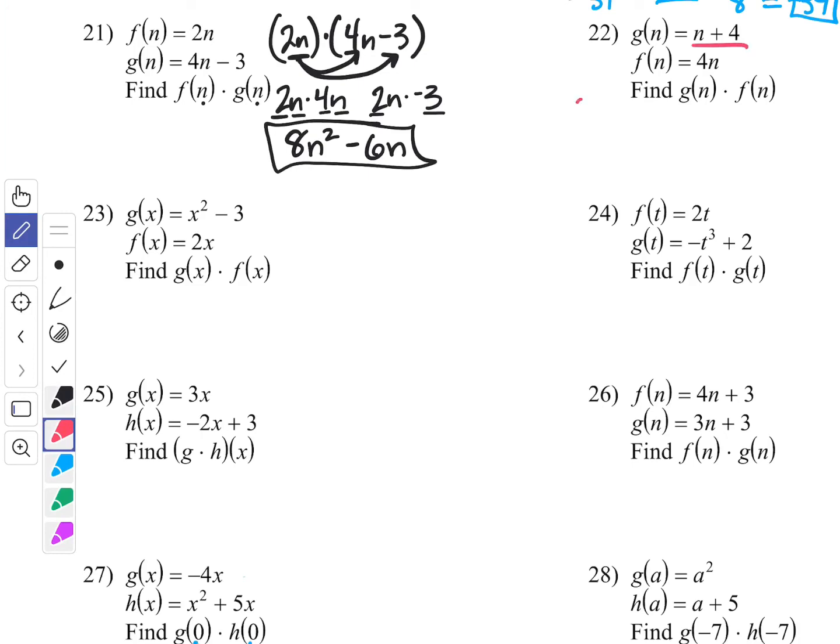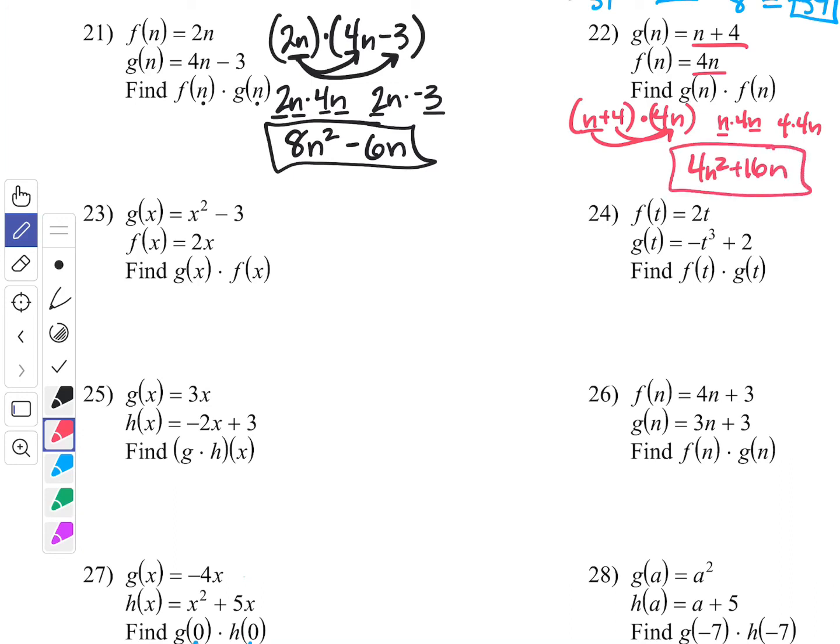Okay, 22, n plus 4 in parentheses times f of n, which is just 4n. So n needs to go times 4n. So n times 4n would be 4n squared, because there's 2 n's. Then 4 times 4n. 4 times 4 would be 16. It's positive, so plus 16n. And there's my new function.